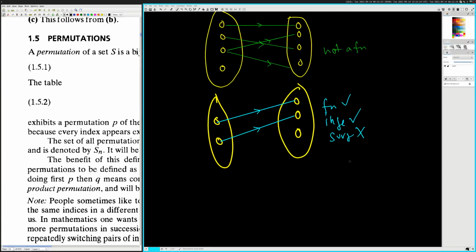Okay, and bijective would mean you have 2 buttons over here, 2 buttons over here, and you're just mapping between them. Okay, that's what those terminologies mean. This is bijective.